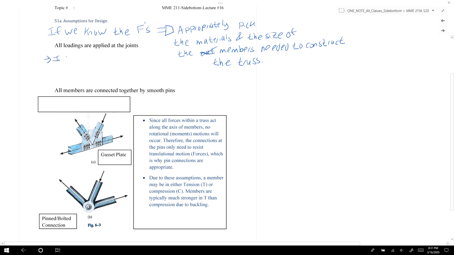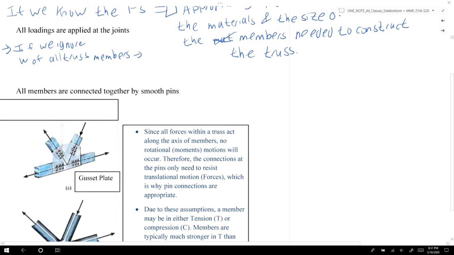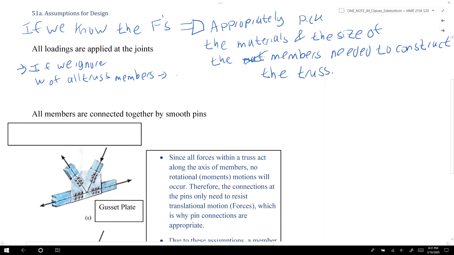The first case is if we ignore the weight of all the truss members. In that case, all loads will be transmitted to the truss through the joints.